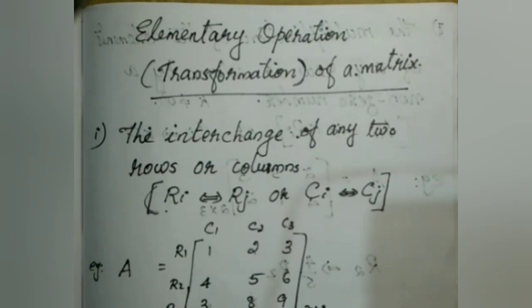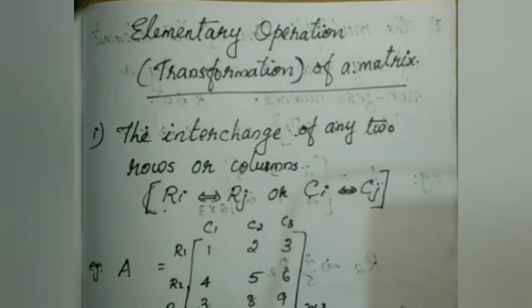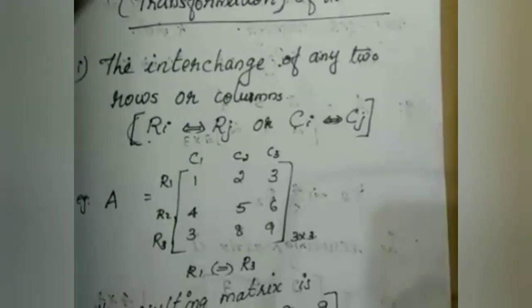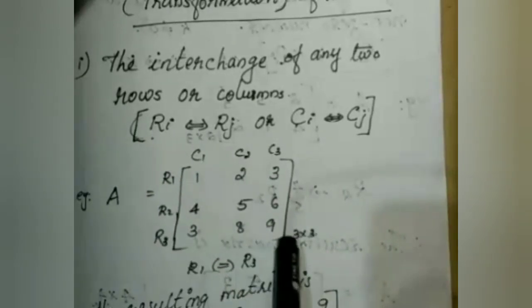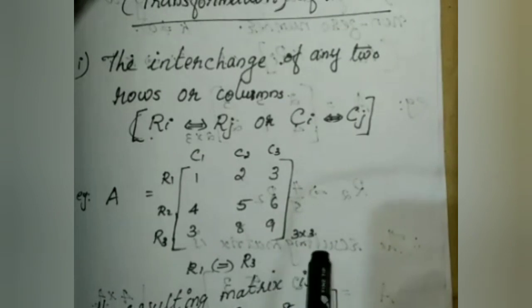Suppose I have given a matrix A whose elements are 1, 2, 3, 4, 5, 6, 3, 8, 9. This matrix has 3 rows and 3 columns, so the order of the matrix is 3 by 3.